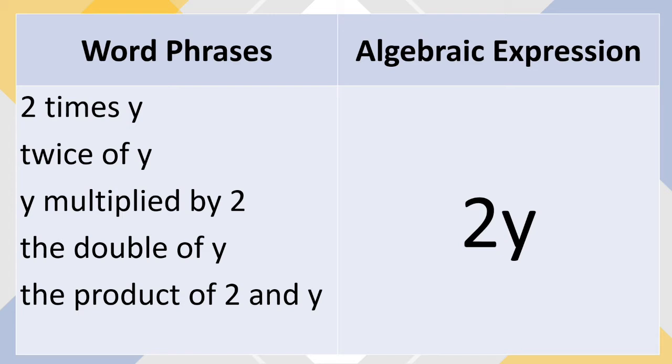For the word phrases 2 times y, twice of y, y multiplied by 2, the double of y, the product of 2 and y, the algebraic expression for that is 2y.